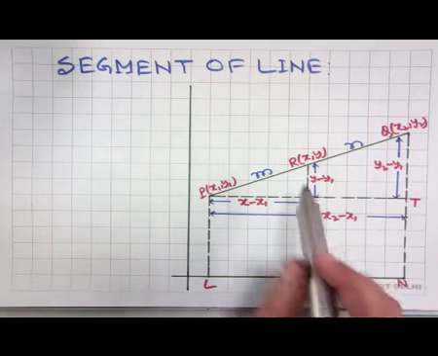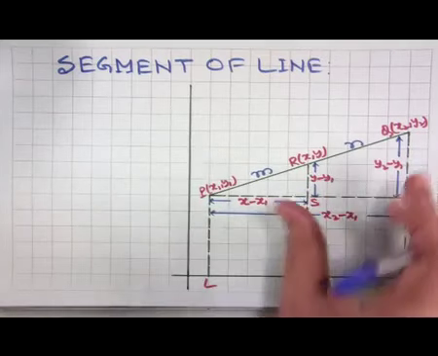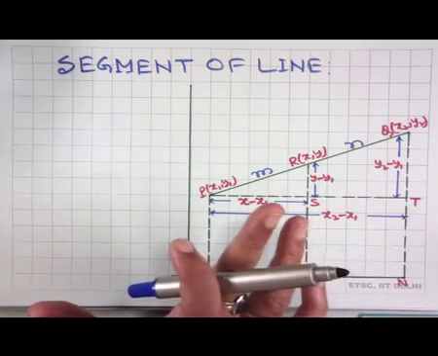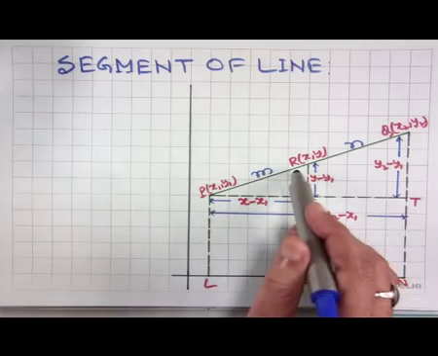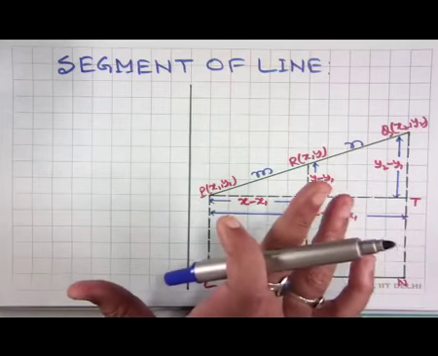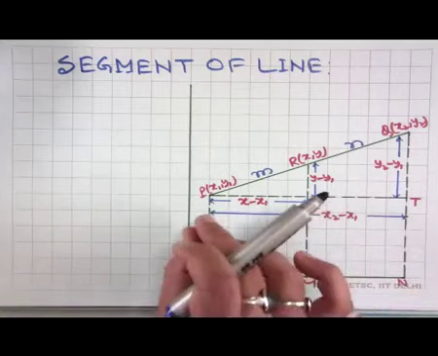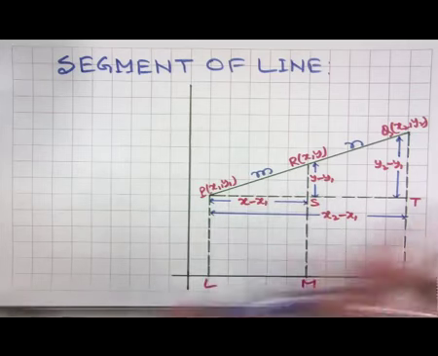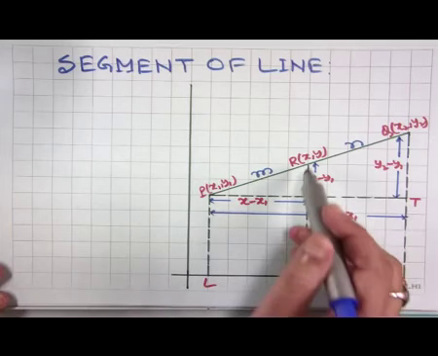And R is a point in between P and Q which divides this PQ in the ratio m is to n. We have to find the coordinates of this point R (x, y) when this ratio is given. And in another situation, when R is given, then we have to find the ratio m is to n. So first of all, we have to find the coordinates of this R (x, y).